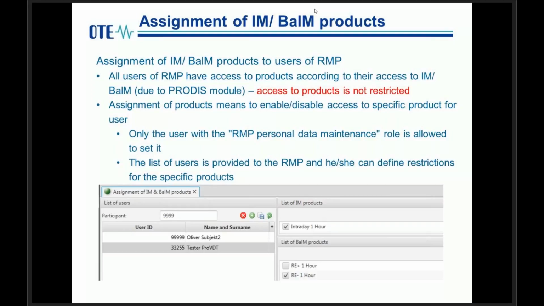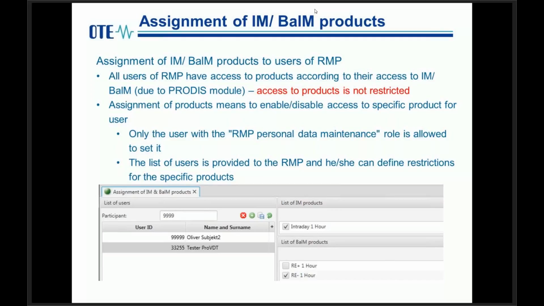This option is available only to the registered market participant entity which has got the authorization for managing the accesses of other persons. Those who do not dispose of this right would not have this option in the menu. They cannot select it.